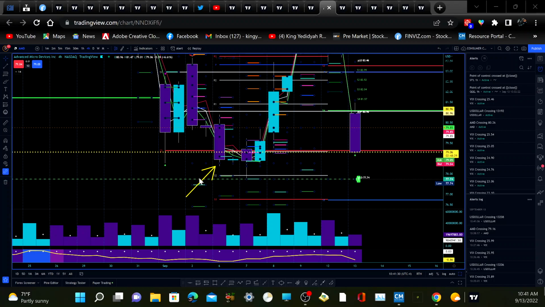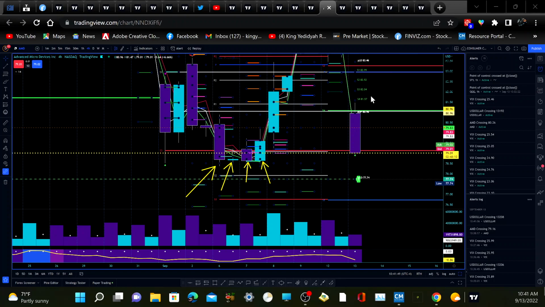Looking for price to start catching some support here at the bottom of these candles, and the weekly low is at 77.74. I don't know if we're going to get to that today, but the market is selling off.